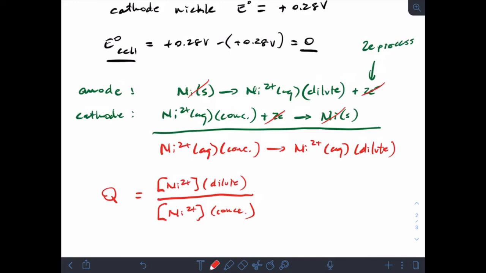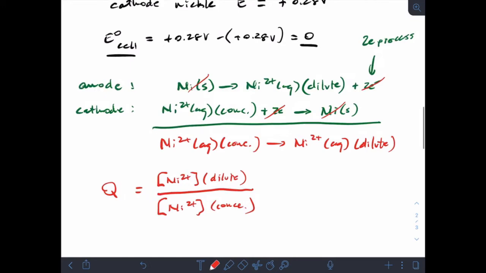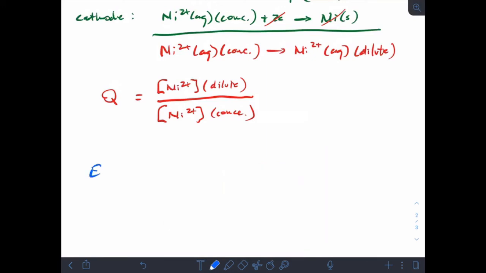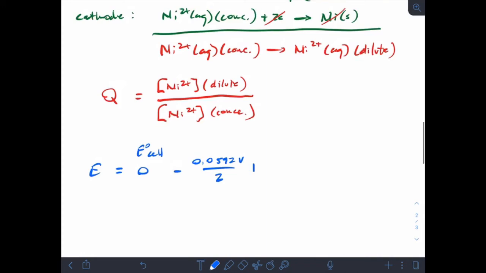So let's calculate E cell for our concentration cell. So E equals 0. That's our E0 cell that we calculated before. Because we have the same species on both sides, E0 cell will come out to be 0. So 0 minus 0.0592 volts over 2 electron process log of the dilute over the concentrated.